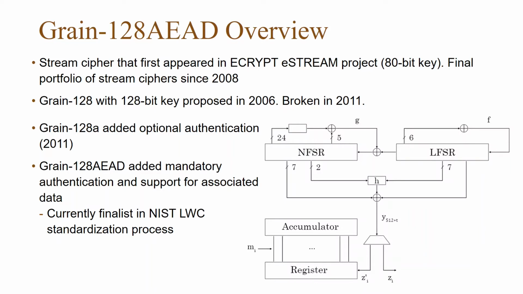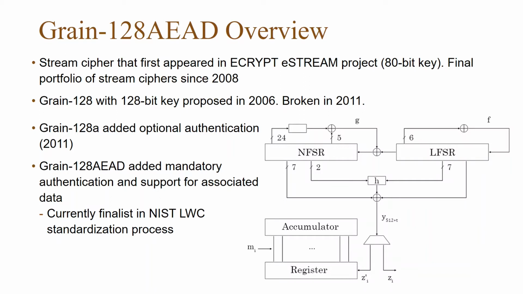In 2011, another version with optional authentication was proposed, called Grain-128A. And most recently, Grain-128AEAD added mandatory authentication and support for associated data. This algorithm is currently a finalist in the NIST lightweight cryptography standardization process.